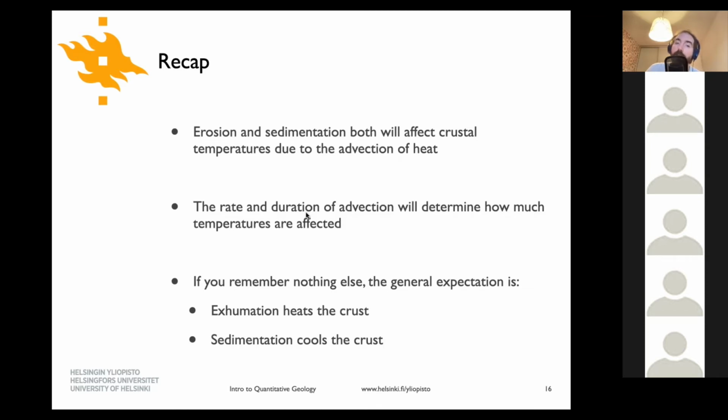So a very slow rate for a short period of time is not going to affect the temperatures. A very fast rate for a very long time will have a big effect on your temperatures in the crust. And if you remember nothing else, the general expectation is that exhumation heats the crust and sedimentation cools the crust. Now, obviously caveats apply, but that's the simple thing to try to keep in mind.